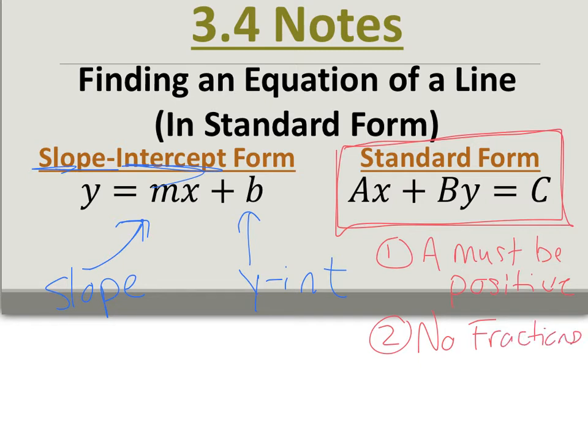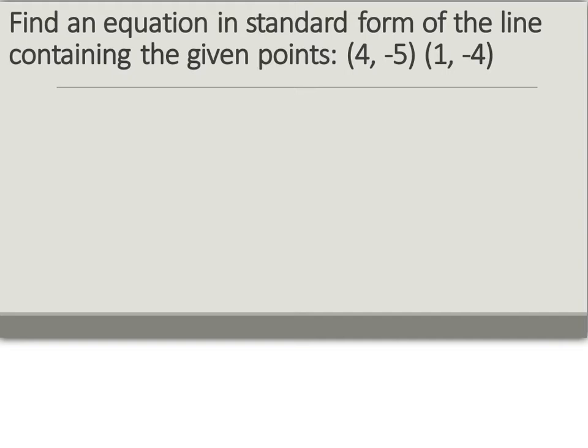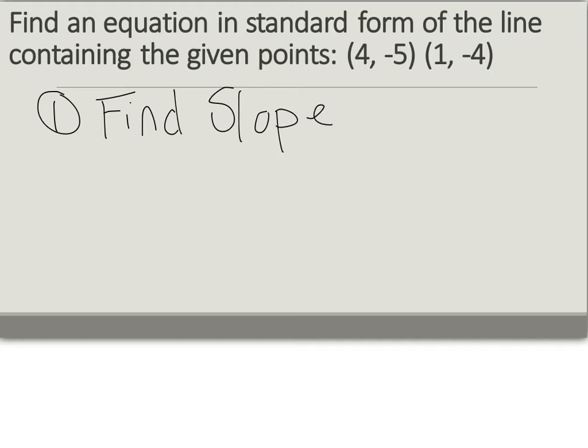Let's get started. We're going to find an equation and write it in standard form of the line containing the given points. In order to start this process, I first need to figure out, well, what's the slope? So step one, find slope. We're going to use our slope formula, y2 minus y1 all over x2 minus x1.